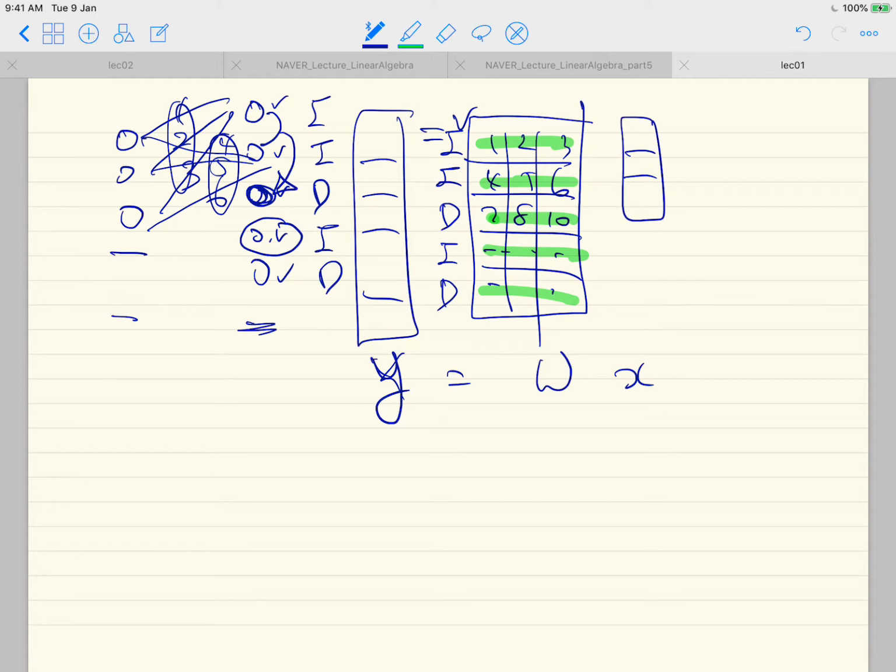So even though we have 5 different nodes, the third node is already represented as a linear combination of the previous 2 output nodes. It doesn't mean the third node is useless, but it is fully represented as a linear combination of the previous 2, right?